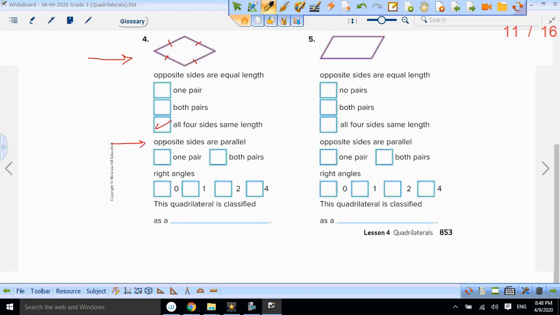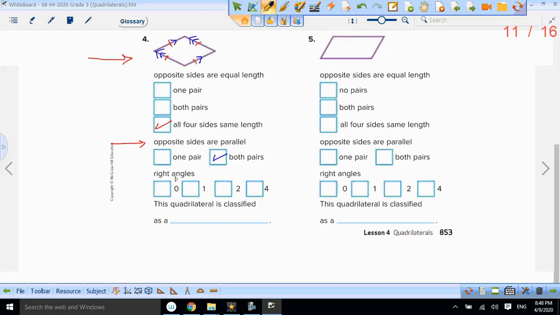Opposite sides are parallel. When we look at this shape, we'll find that we have here one pair of parallel sides and also another pair of parallel sides. So we have 2 pairs of parallel sides, both pairs.